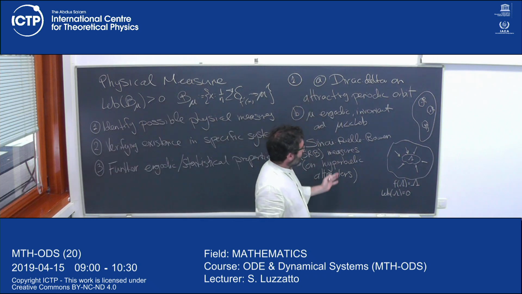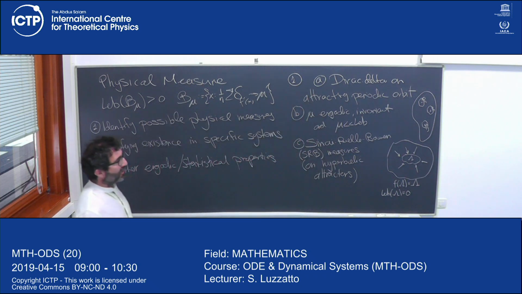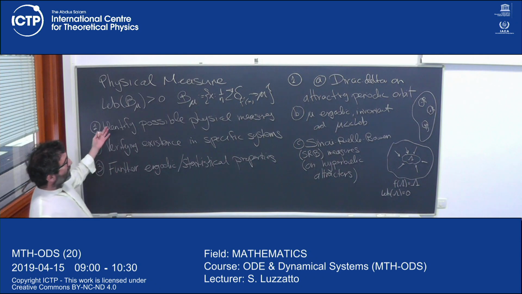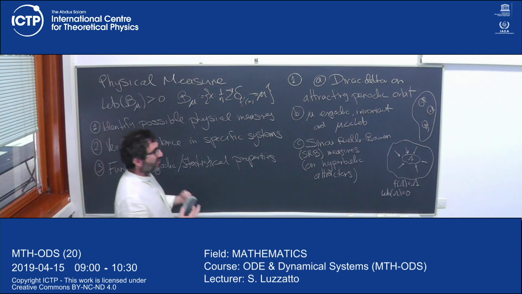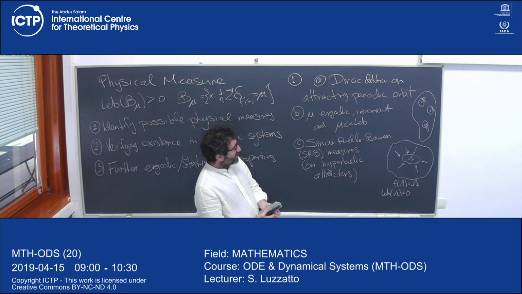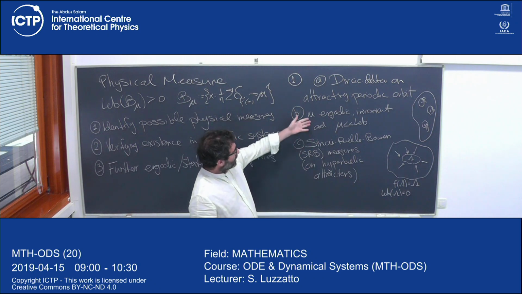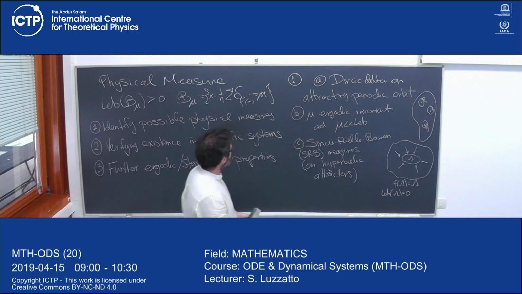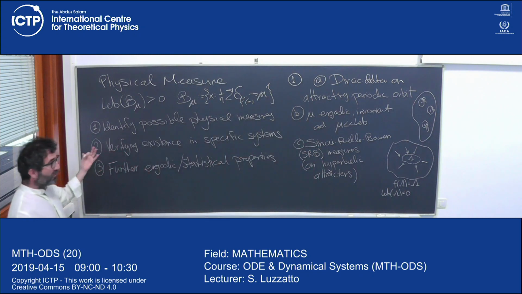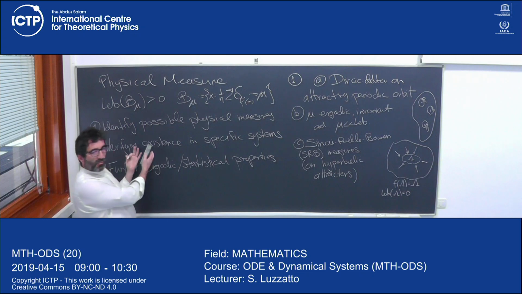But anyway, this is a basic picture of the possible natural physical measures, and there's been a lot of study in the last few decades trying to show many systems that have this kind of physical measure, which brings us to the second part, of course, which is what it's really about.